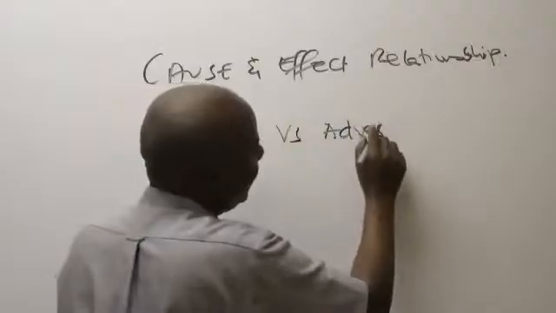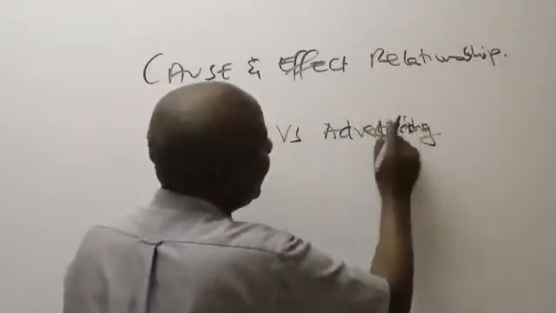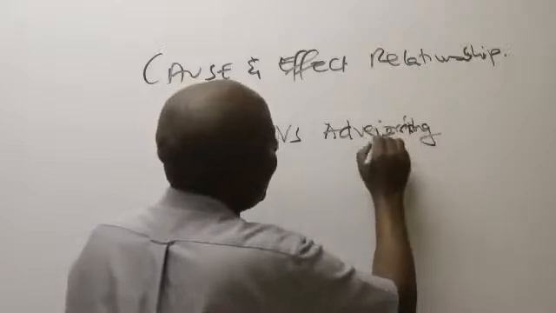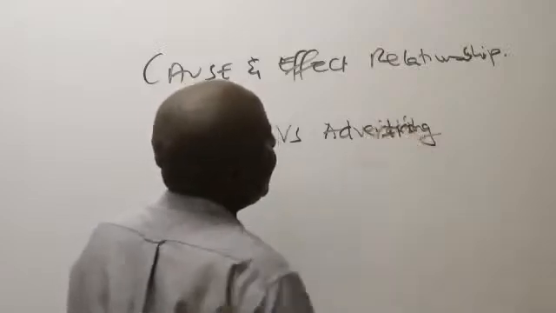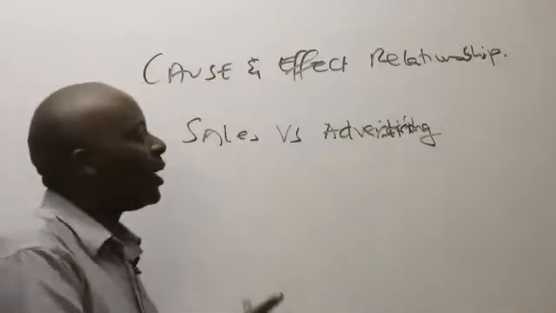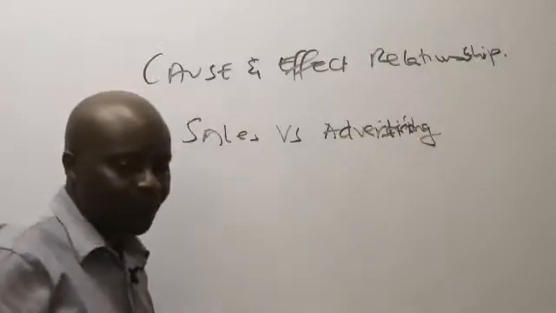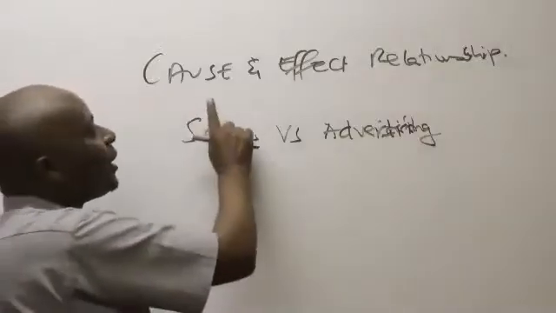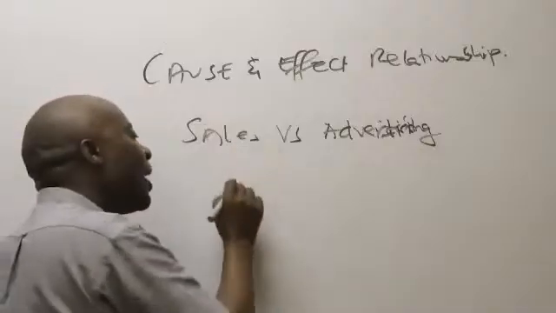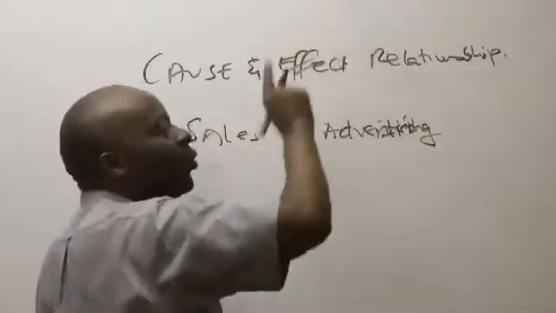Sales and advertising have what we call a causal relationship. If I advertise more, I expect to sell more. So in management, if I have effective management, I expect my productivity to go up.